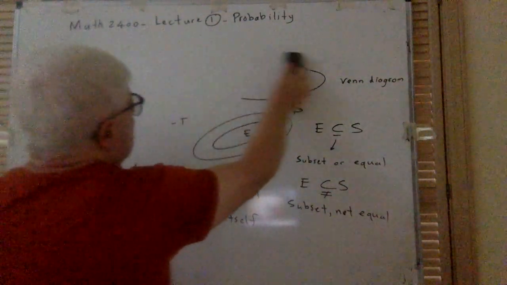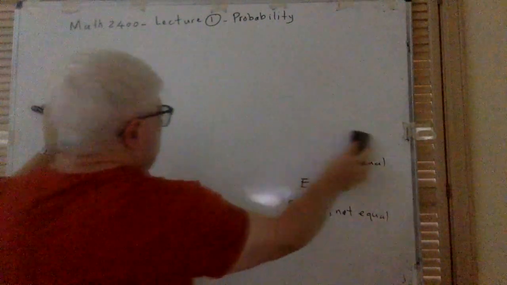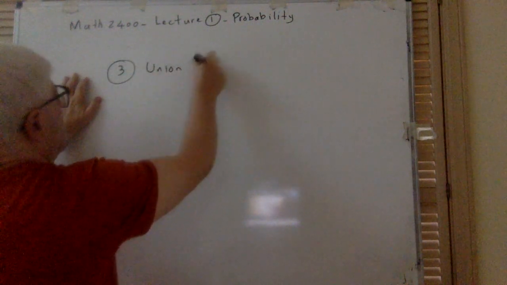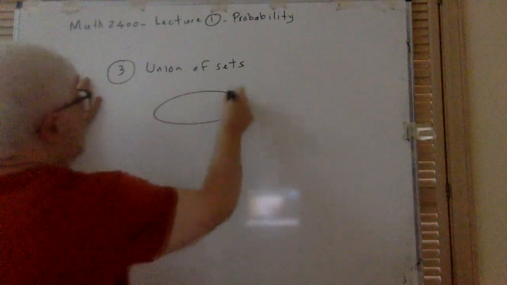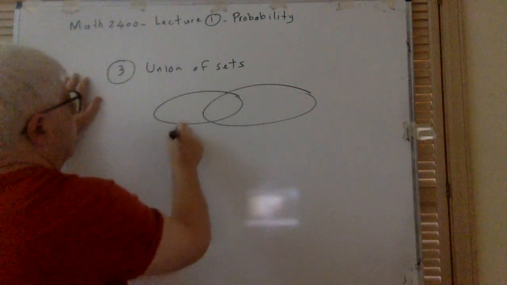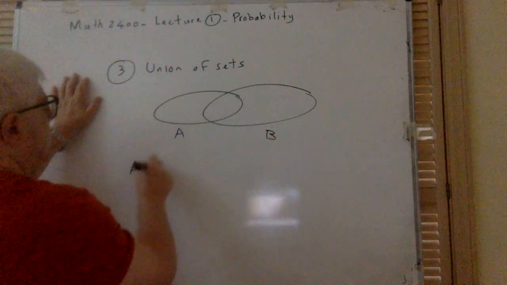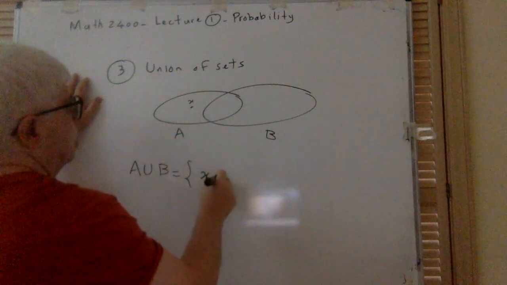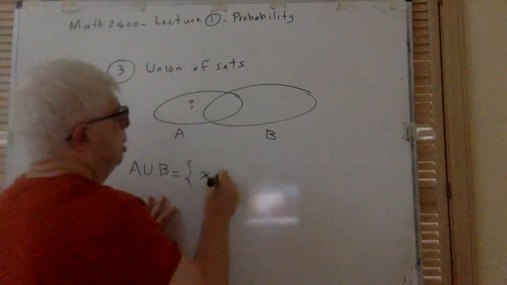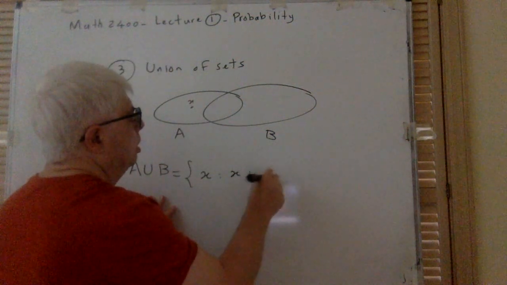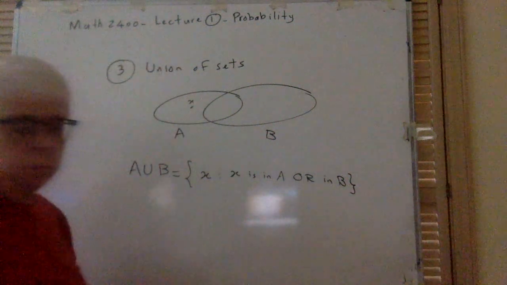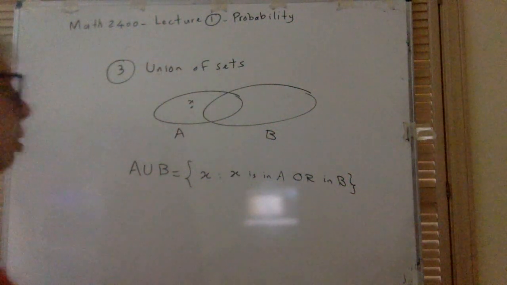Now, number 3 is the union of sets. So union is if I have two sets, say A and B. We say A union B is in fact all x's, elements such that x is in A or in B. Okay, so union is like in logic, union is like OR.